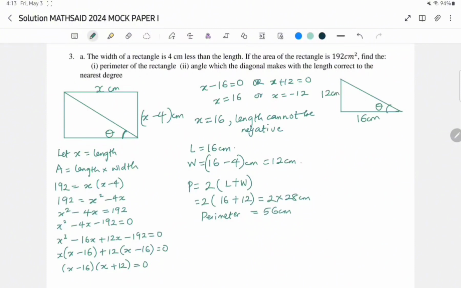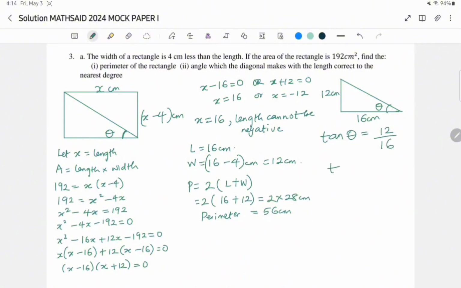To find the angle theta, it is quite easy. We have the adjacent side, 16 centimeters, and the opposite side, 12 centimeters. So the trig ratio we'll use is tan. So tan theta equals opposite, 12, over adjacent, 16.